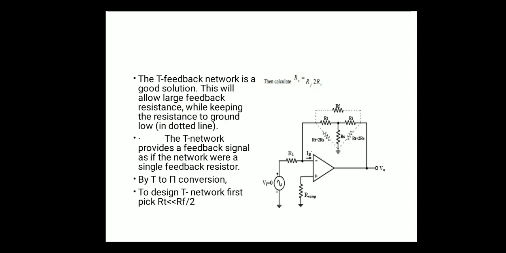Here we have a T feedback network. By T to pi conversion, we can design the T network. For designing this, we can pick the RT value such that it is less than the feedback resistance.